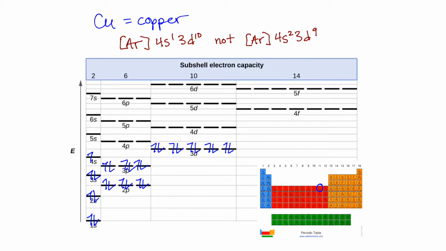So copper, again one of our exceptions, likes to promote that s electron up into the d orbitals to get that nice full subshell, a nice stable rearrangement.